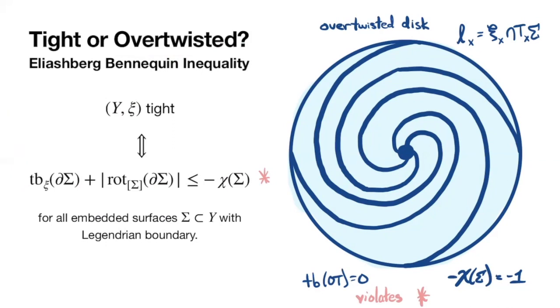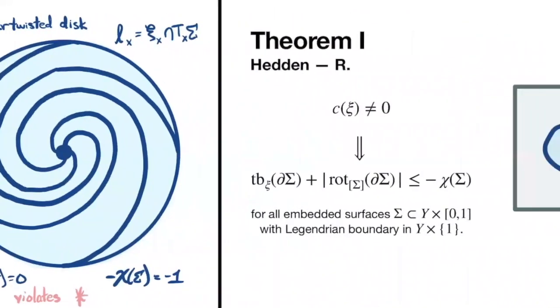So in certain cases, we can relax this condition that the Bennequin inequality holds for all embedded surfaces in Y, and instead of just requiring our surface to be in Y, we can allow it to venture into Y cross I. So we're allowing more surfaces, but it seems like tightness might really be characterized in this more general way. So that's a little bit vague. Let me say more specifically what I mean.